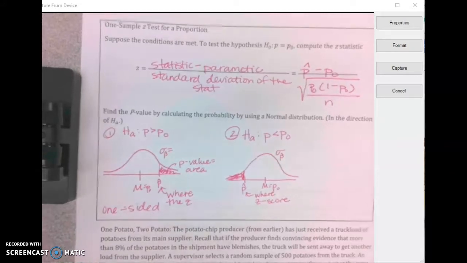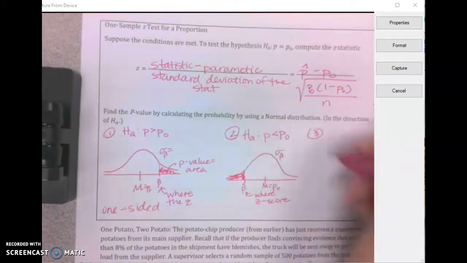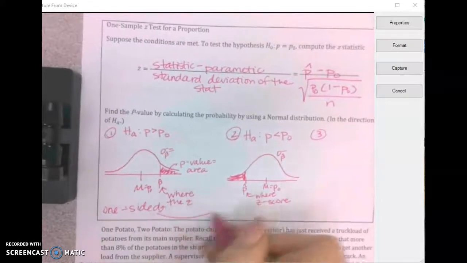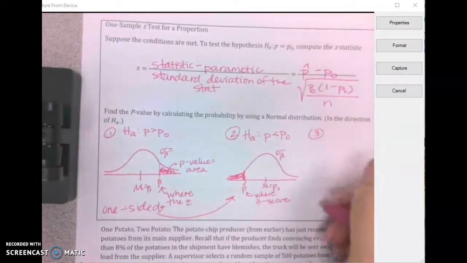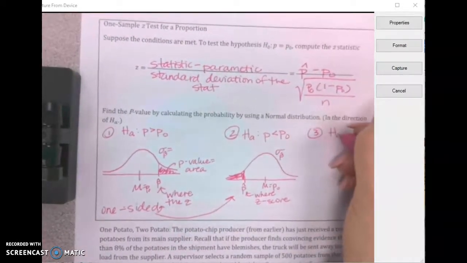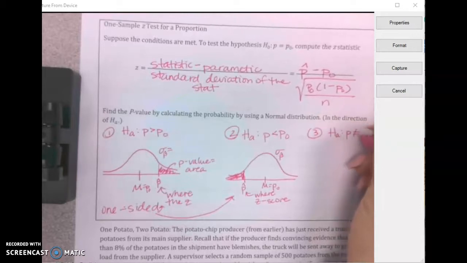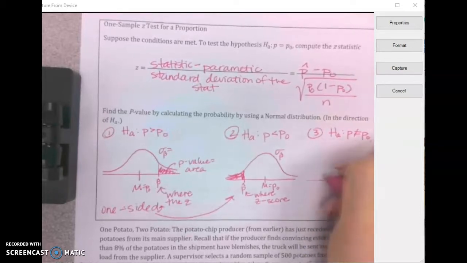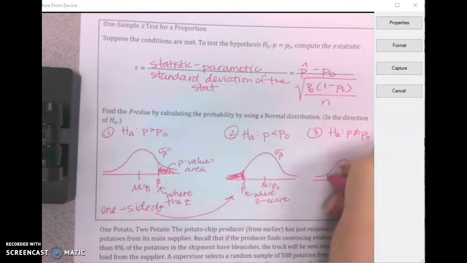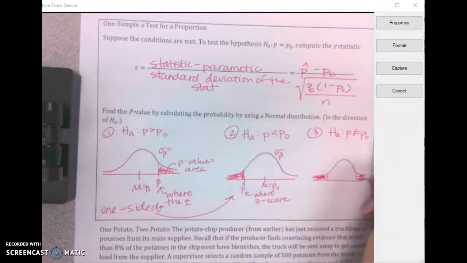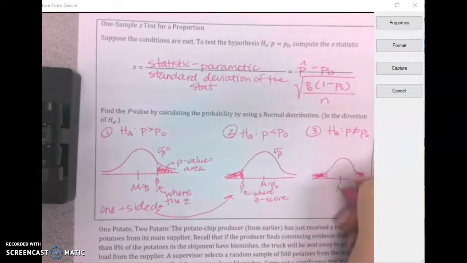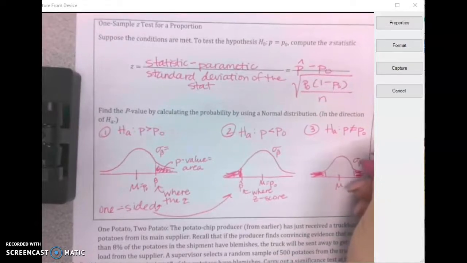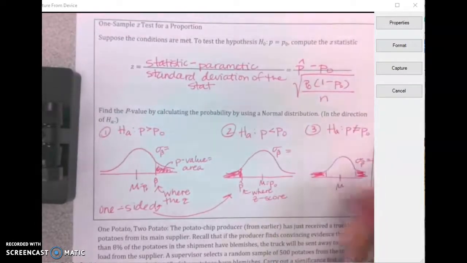Alright, and then our third option, so these were both one-sided. Our third option is two-sided, and it's when our alternative hypothesis is P does not equal P sub O. And that's whenever you have both sides, and we shade them both in. Okay? Here's our mu, we got our standard deviation. Okay?